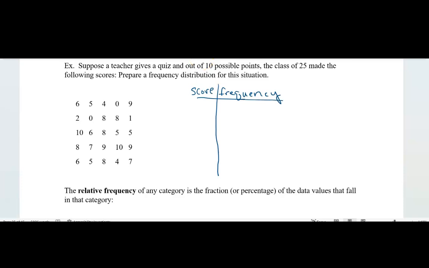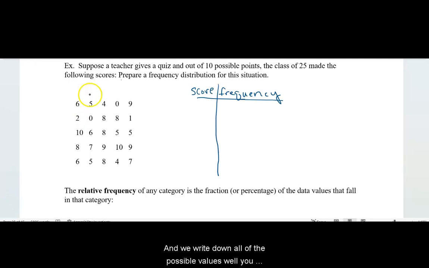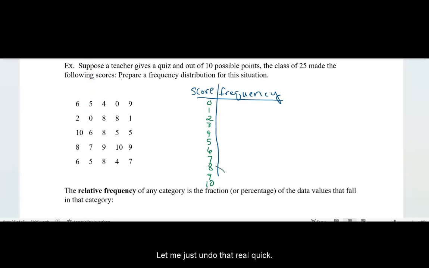Now what we do is we look through the chart and we write down all of the possible values. Well, you could get anywhere from a 0 to a 10. Okay, now I'm going to have to add a little bit more of a line there. Let me just undo that real quick. There we go. And let me just draw that down. There we go. All right.